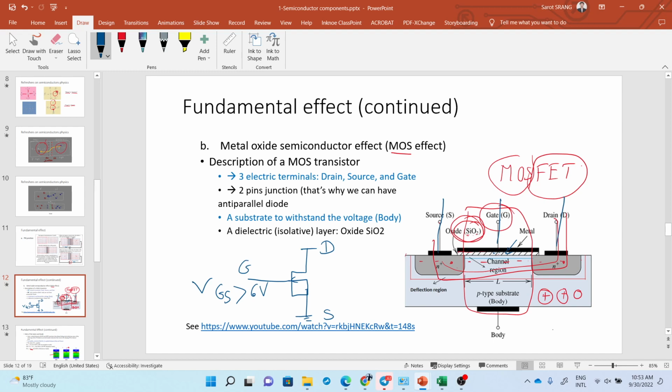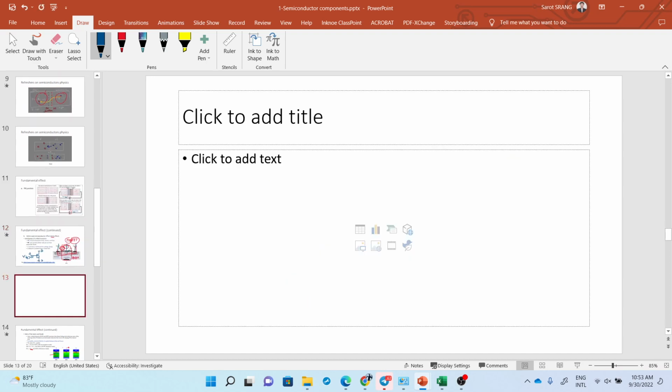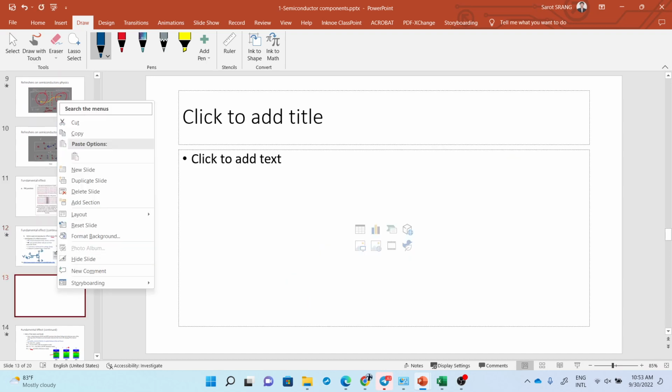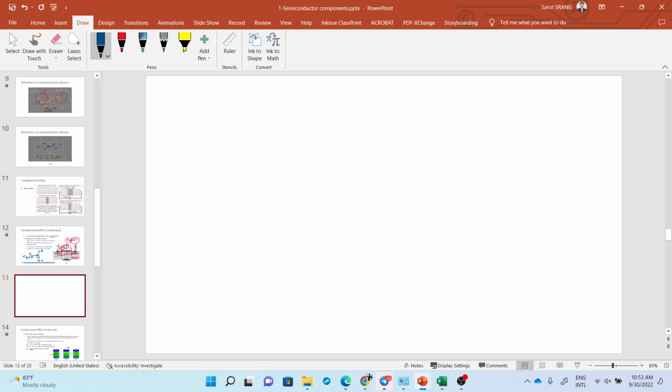What I'm trying to say is that, well, let me add another slide here. Let's say you have a resistor like this, and then you have a capacitor, just a simple one.